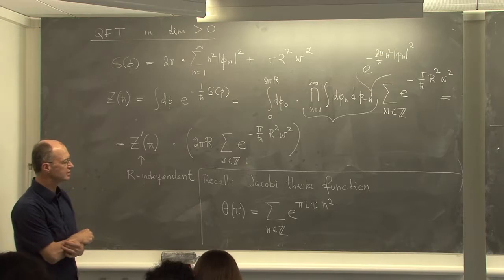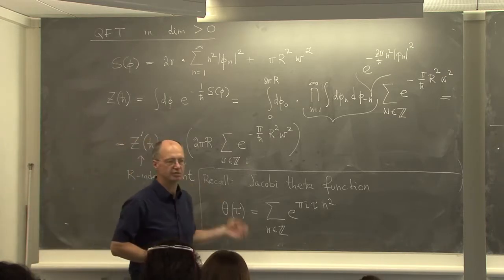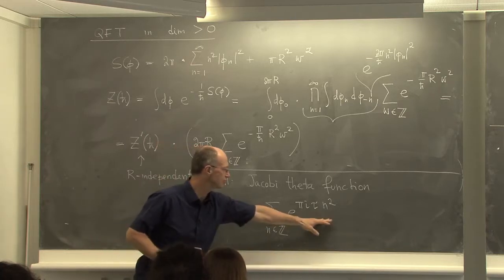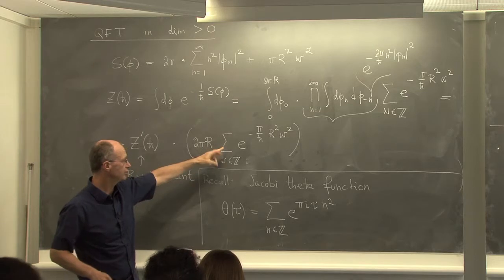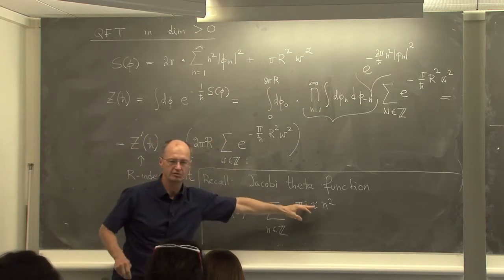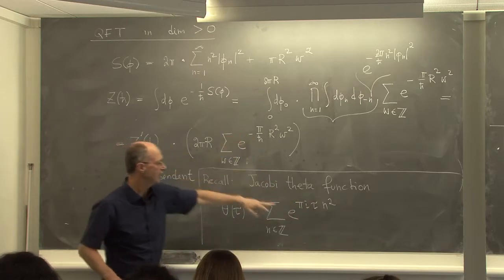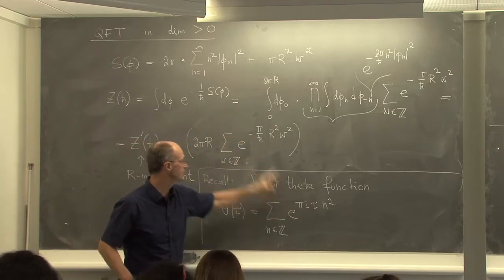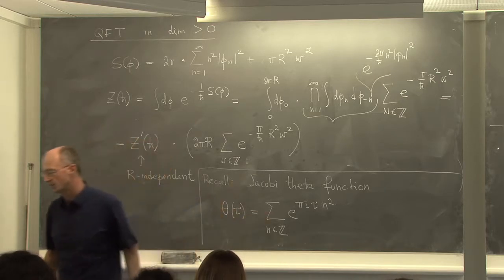So this is an expression which is very important in number theory and in many other fields. So this is a function of tau. And of course, here we have some i's, but tau is a complex parameter. So this expression is a particular value of this theta series, or of the theta function.